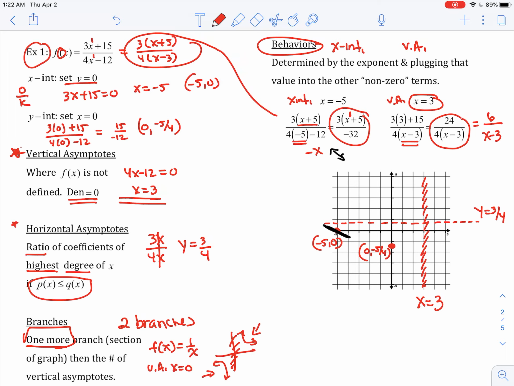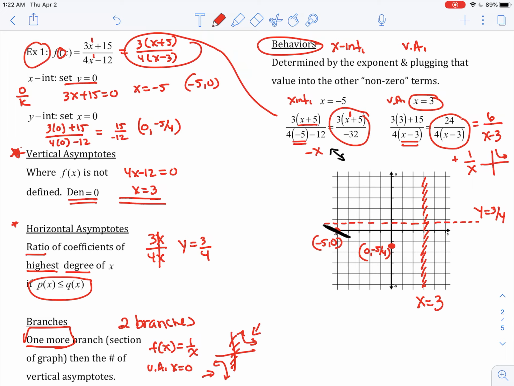If I think about what that graph would look like, that is basically a 1 over x graph, right? That's been shifted 3 units to the right, and it's got that positive coefficient. So we're basically looking at a form of a positive 1 over x graph around that vertical asymptote of x equal to 3.